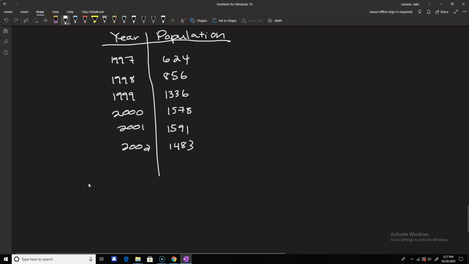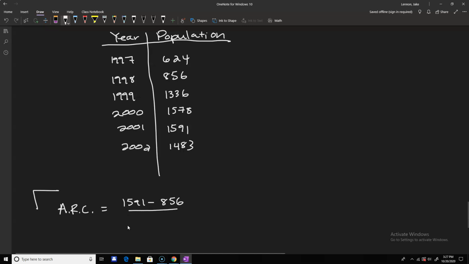So let's go ahead and find the average rate of change. So the average rate of change, the population is the y value, and the year is the input. So we just do the slope formula here. We don't actually have to compute anything. So in 2001, the population was 1591. In 1998, it was 856.